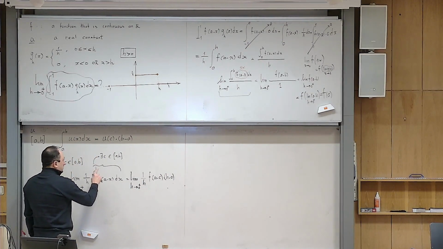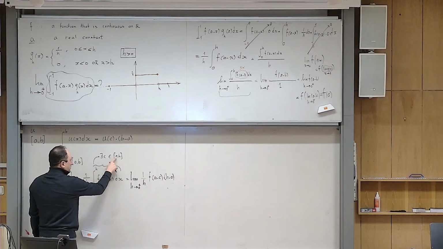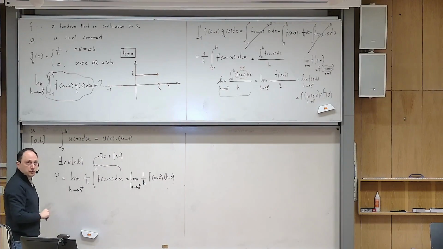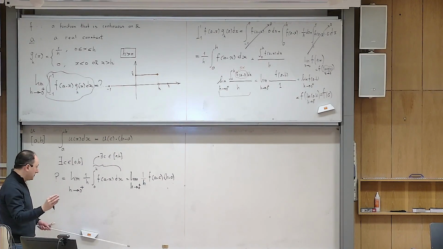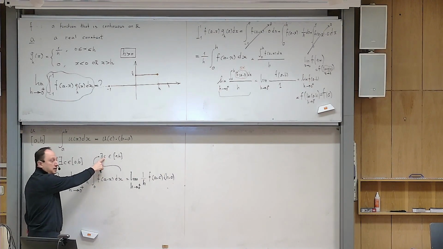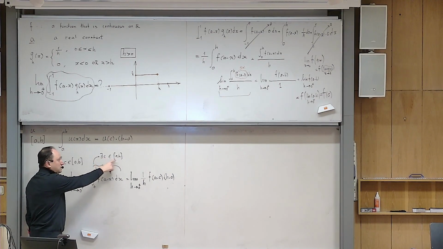But let me tell you something. I wrote here c belonging to 0 to h. h is not a fixed number because I am sending h to 0 from the right. So I'm making h smaller and smaller. But the point is that for every positive h, I can find c. So this means that this c depends on h.